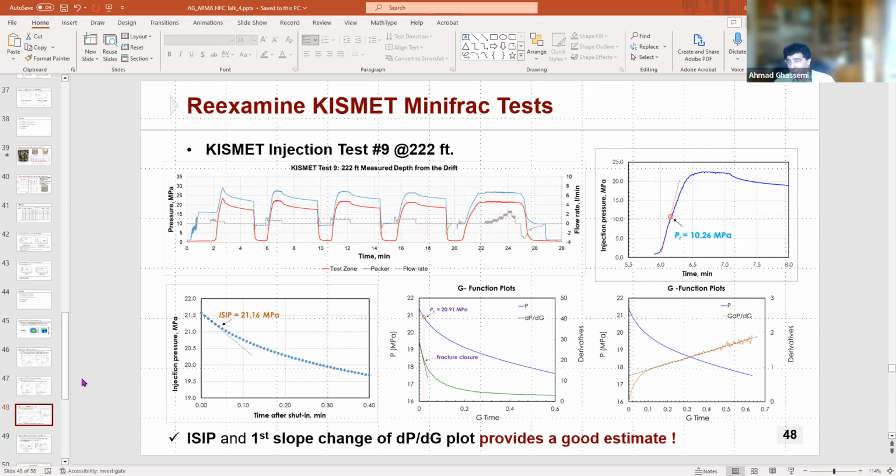And another thing that was of interest was that the reopening pressure for this particular test and other tests at Kismet was very low. So the only way we can make sense of that is that there are natural fractures present, and so some of those were taking fluid earlier, and then they were not propagating anymore, so the system was pressurized subsequently until the hydraulic fracture opened.